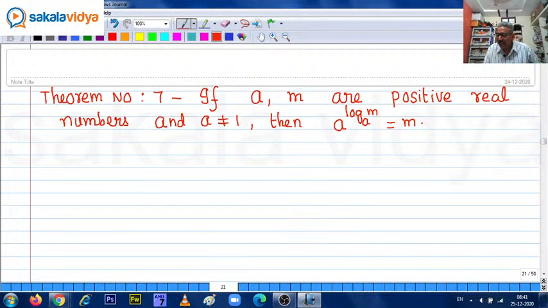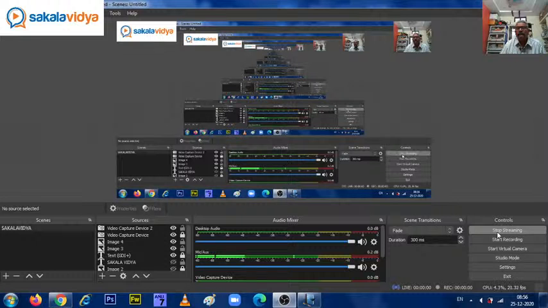This is a very important theorem. It will be useful even at higher levels, in M1, M2, M3, even M4. It will also be useful in engineering while solving differential equations.